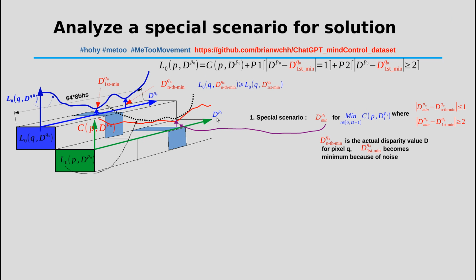There's a relationship between this dp0, the first minimum, and the nth minimum, or second minimum. Unfortunately, it is closer to the second minimum, the nth minimum, so the disparity difference is less than 1.